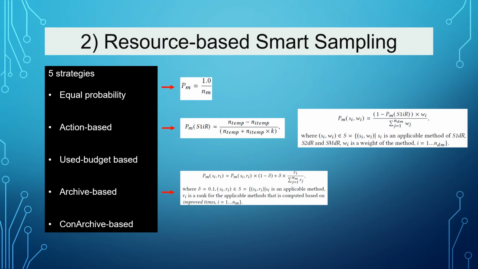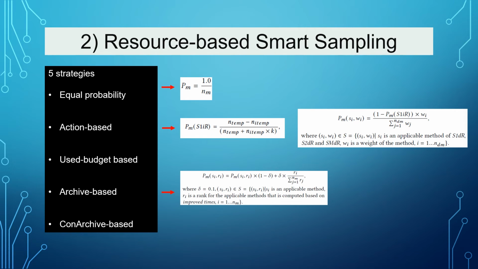The third one is budget-based. It enables an adaptive selection based on the passing of search time. So it samples an individual with one resource with high probability, then only spends effort on multiple resources if there's still enough available budget to allow that.